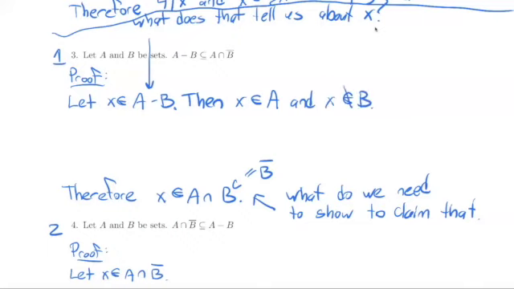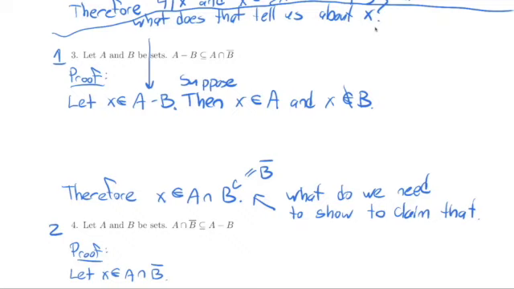Let me hit pause there. That's great. Here is where we need to be careful about the words we use. There would be a difference if here I said "suppose" instead of "then." "Suppose" means we're assuming this, whereas "then" means this follows from the previous thing.